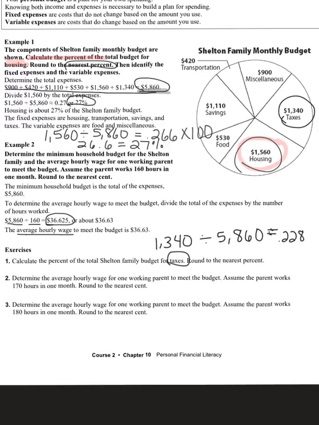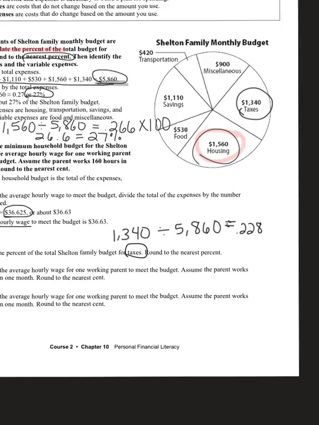I'm going to multiply that by 10. Oh, sorry, by 100. Not by 10, by 100 to make it into a percent. And that is 22.86. And it says to round to the nearest percent. So we have 22.8. So that'll stop there, and that will equal 23%.